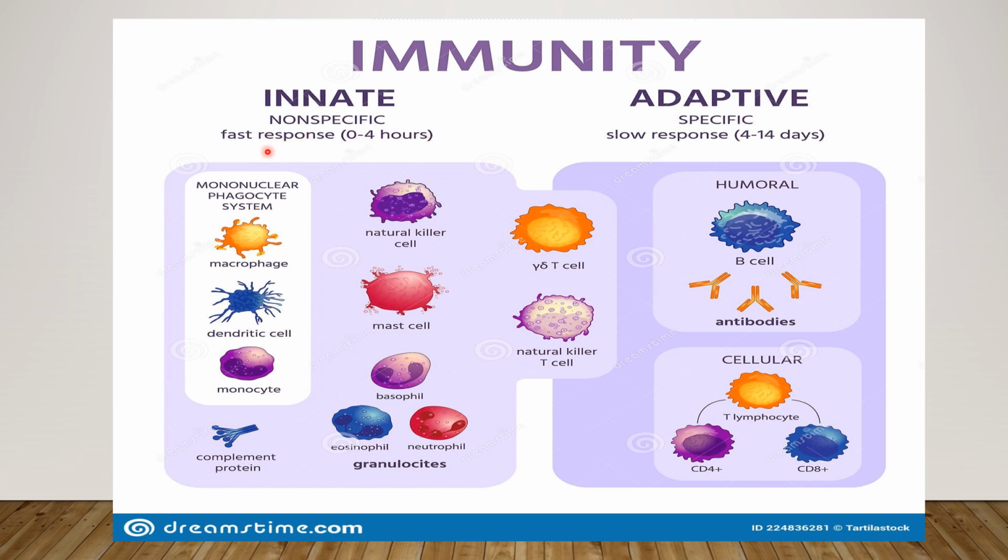Innate is non-specific, with a fast response of about 0 to 4 hours, and it includes the NK cells, the neutrophils, and the monocytes, versus the adaptive or the specific immunity, which is composed of your B cells and your T cells. It has a slower response, around 4 to 14 days.